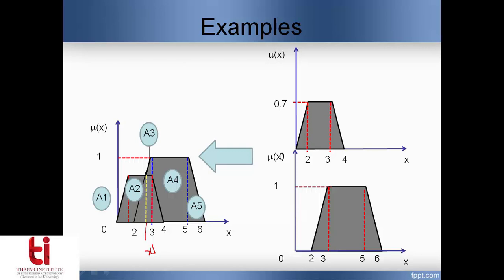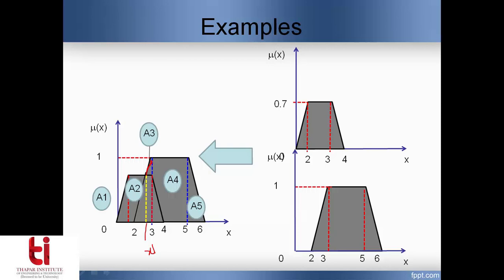Then we have this trapezoidal area. This is a slope we are having, and this is a trapezoid. Here it is a non-sloping end, and here we have the trapezoidal kind of structure. So this is identified as A3.